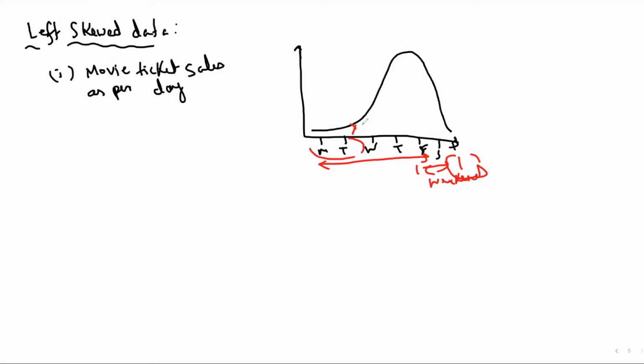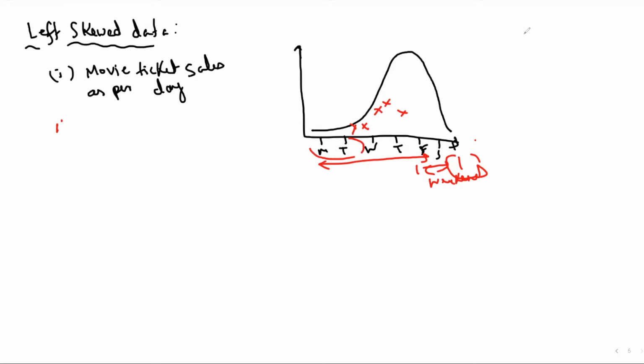So this data is skewed, and this is left skewed. And these are the days, Monday, Tuesday, Wednesday. If you plot the graph with respect to the days, the earnings will be left skewed data, where the data will be higher during Friday, during the weekends, than the weekdays. And again after that it will go down. Again, it will be left skewed. So this can be one of the examples.